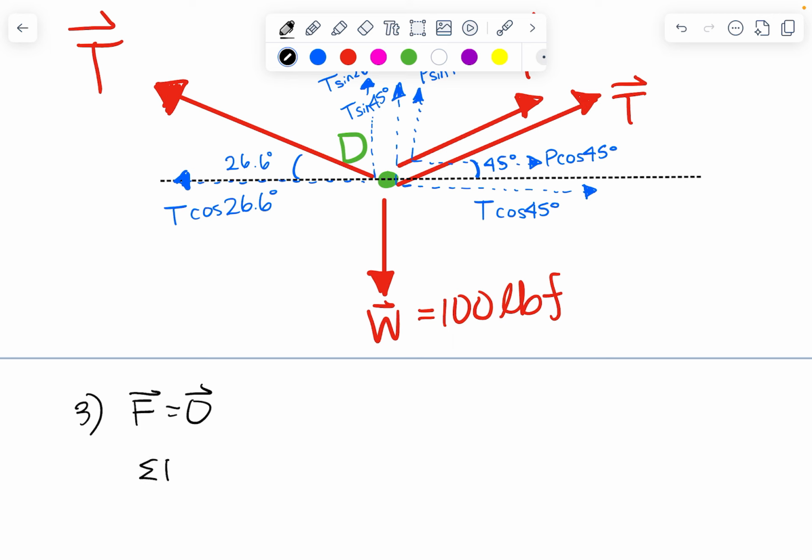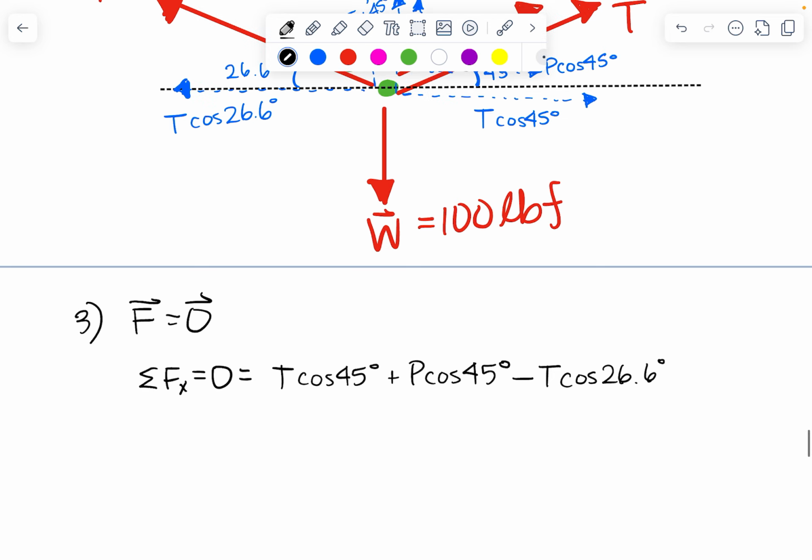For the x direction, sum of forces in the x equals 0. So let's sum up all the force components I've got that are acting along the x-axis. Okay, I've got t cosine 45 degrees plus p cosine 45 degrees and minus t cosine 26.6 degrees, right?